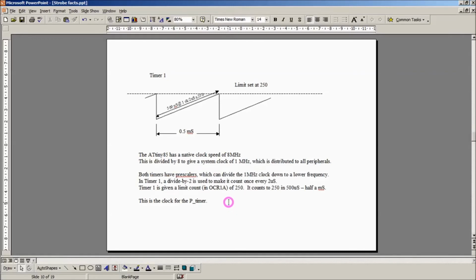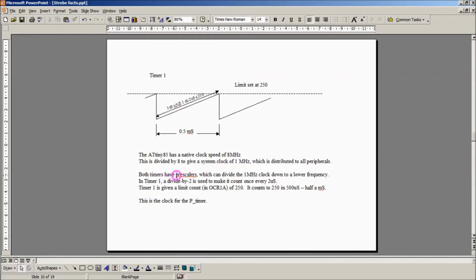Well, inside the chip there are two timers, and timer 1 is the one displayed here. The chip has a native clock speed of 8 megahertz, but in all of the projects I've ever done, I divide that down by 8, so I get a clock speed of 1 megahertz, and that gets distributed to all the peripherals.